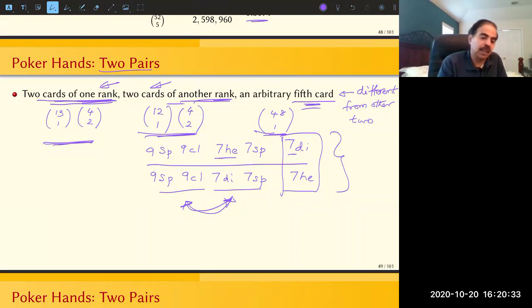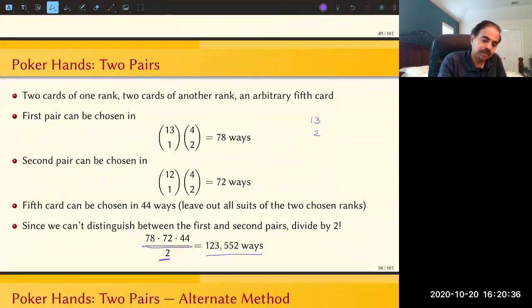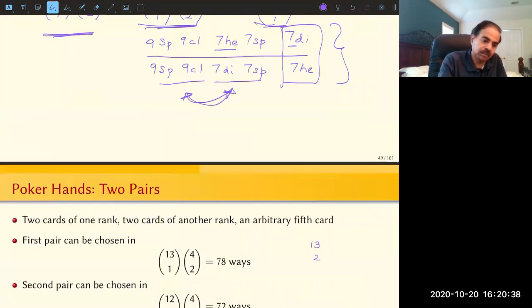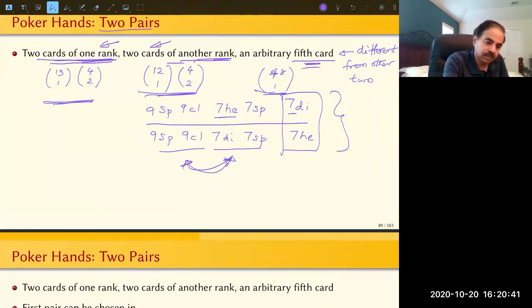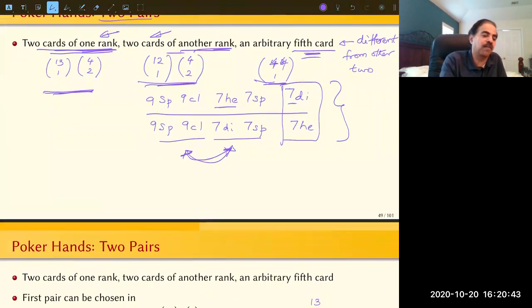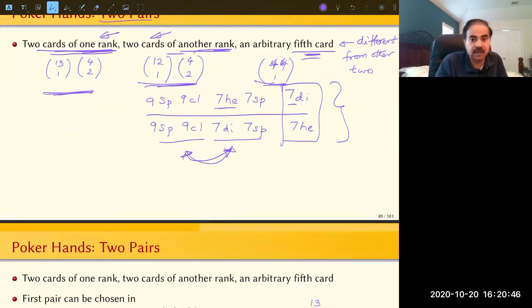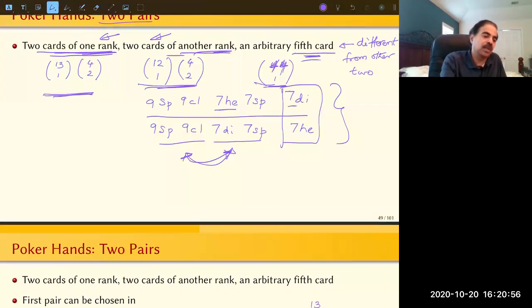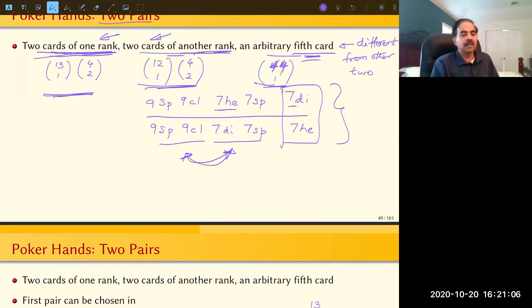The fifth card is 44 because we don't want to choose any of the ranks, right? If you have chosen 2 ranks here, that eliminates 8 possible cards. So for the fifth card, there are only 44 choices. So we pick the rank and the suit of the first pair, the rank and the suit of the second pair, and the fifth card. And then we multiply all of this.